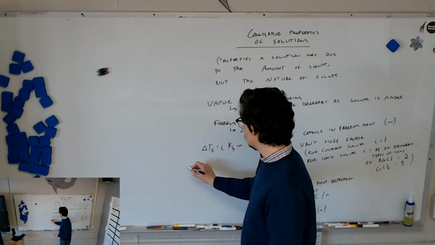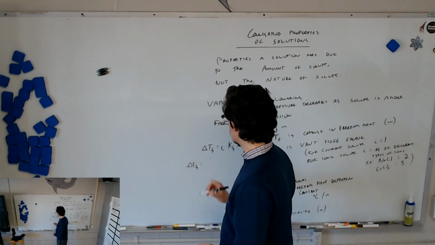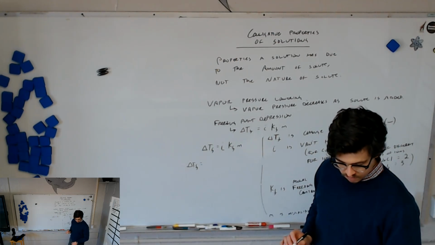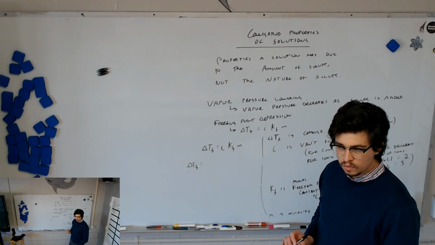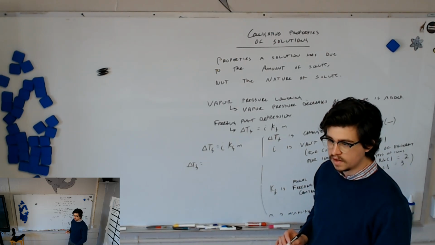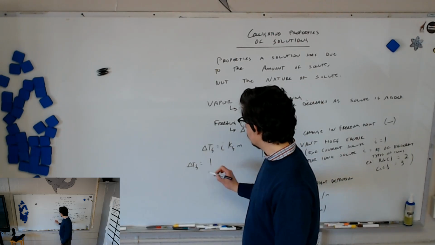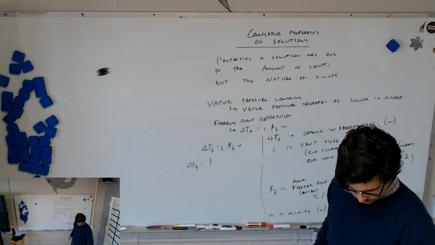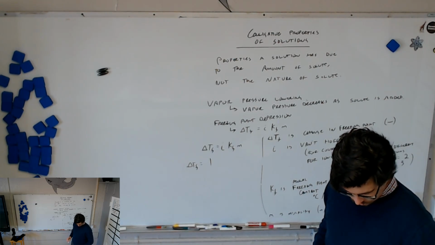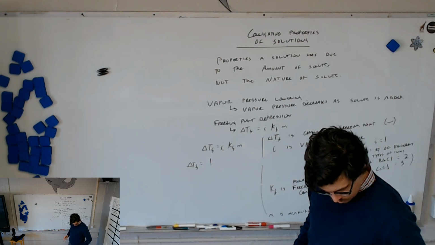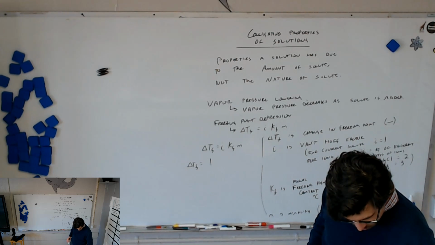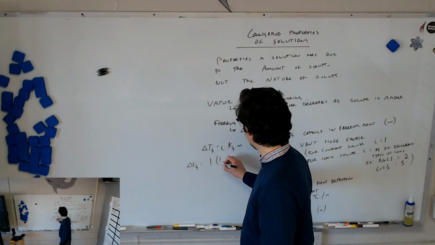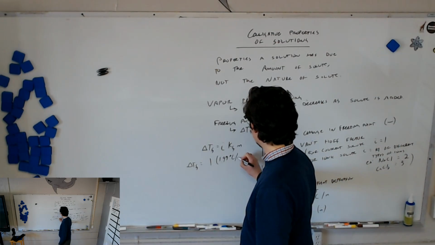Okay, so delta T sub F equals, what's the Van 't Hoff factor if it's sucrose? Well, sucrose is covalent, so what's the Van 't Hoff factor? 1. And what's K sub F for ethanol? 1.99 degrees Celsius per molal.